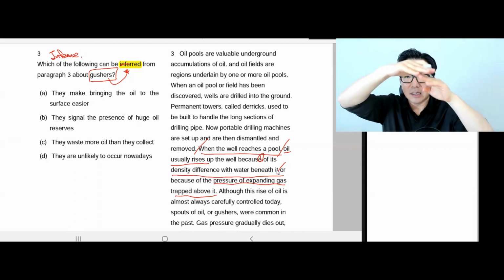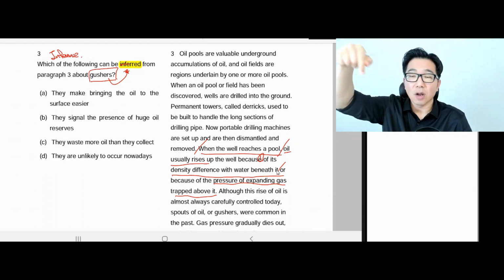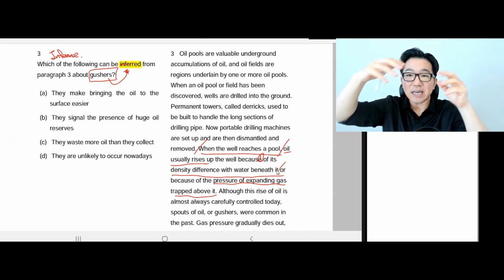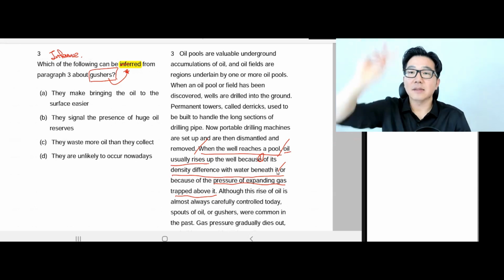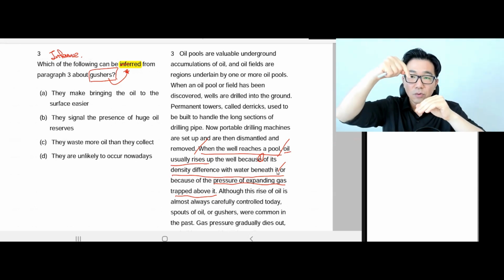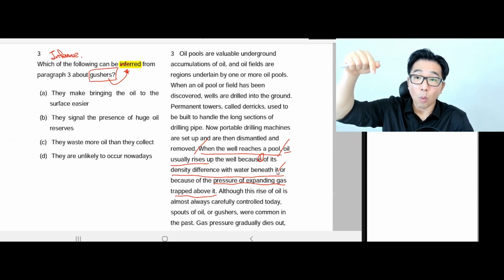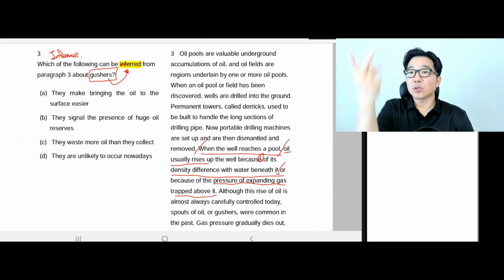So gas is kind of on the top layer, pushing against the ground, let's say, and you drill a hole, you drill a well, then the second reason why oil kind of sprays above is because when you drill a well, the gas would come out, whether you see it or not, right? Because it's on the top layer.